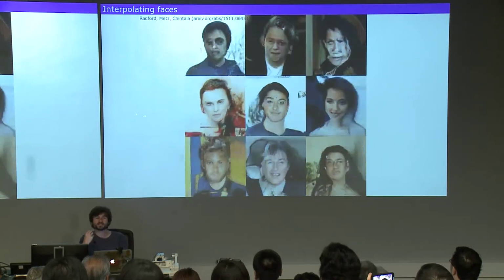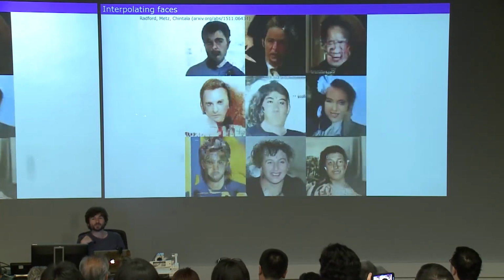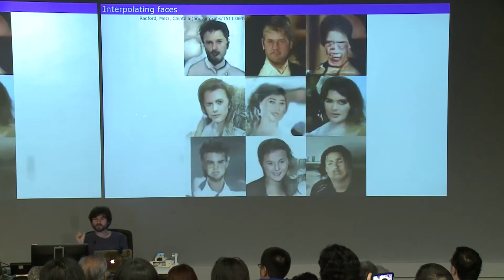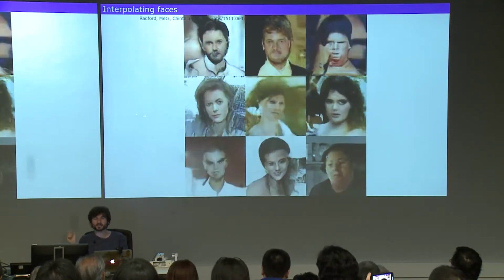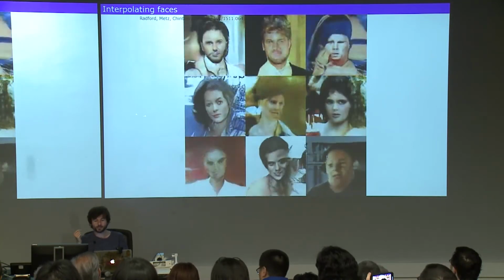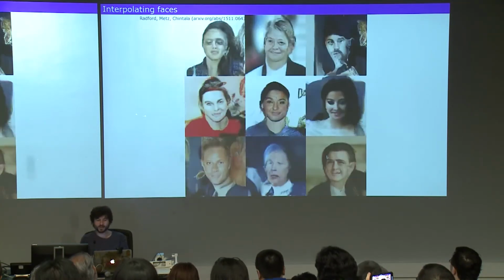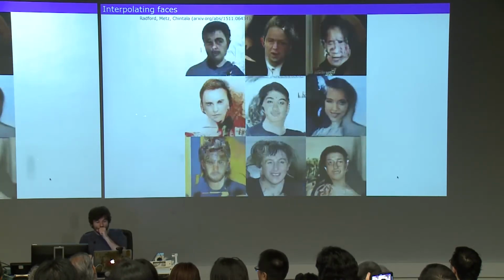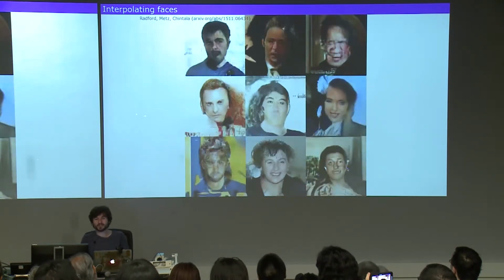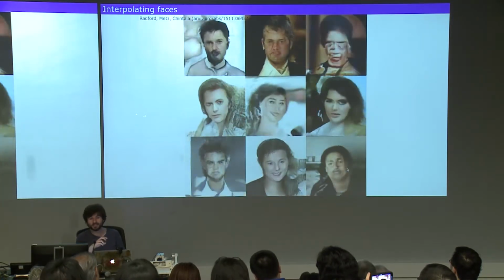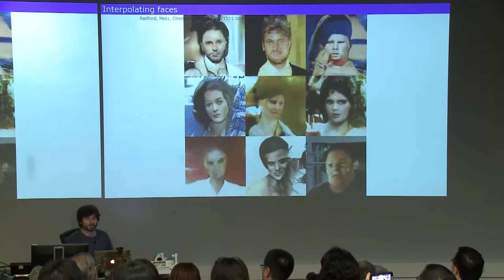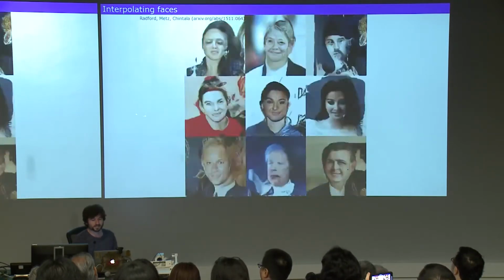This space Z becomes very smooth, because small changes in the latent vector produce small changes in the output image. And they put out this video of crazy faces. Now this is actually from 2015, and we've come a really long way. You'll see a few slides later just how far we've come with this process.